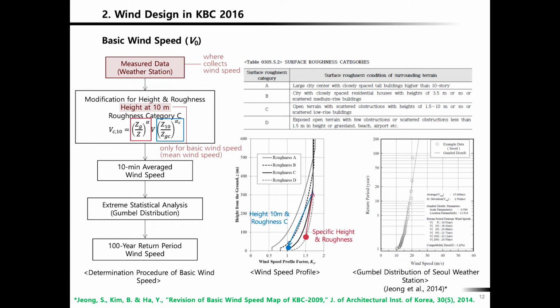Then, first you have a measurement here, and then you know the distribution of the wind speed profile, which is the dotted line. So from the measured data, you try to predict the wind speed at the atmospheric boundary layer.